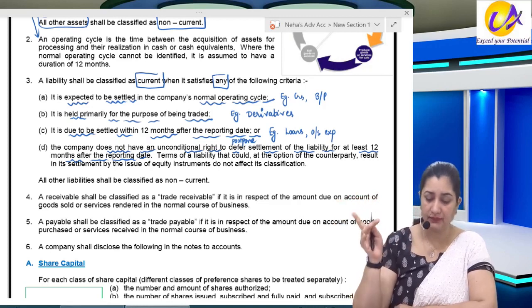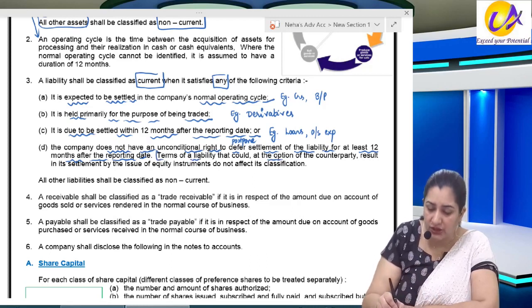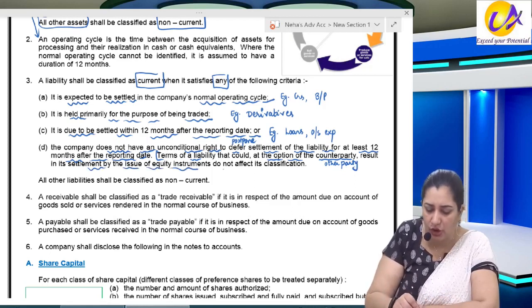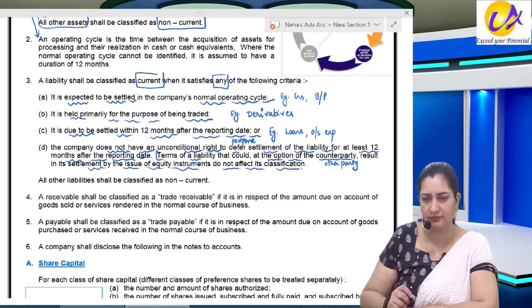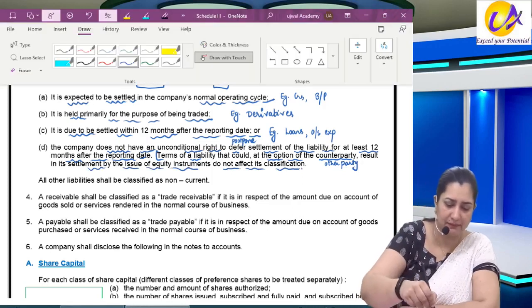Okay. Also, the liability terms, this is very interesting, which at the option of the counterparty, meaning the option of the other party, result in settlement by issue of equity shares, this will not affect its classification. Now what does this mean? For this we have to understand the example.